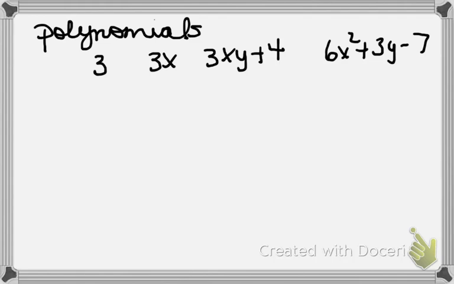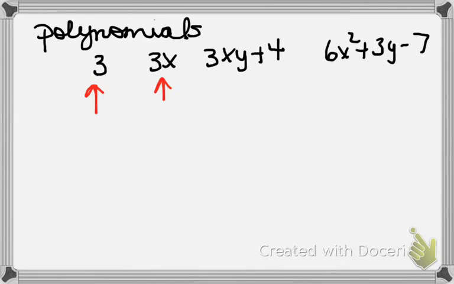All right, so in this case here, we're going to talk about polynomials. A polynomial is a set of monomials, or a sum or difference of monomials. All right, so this is a polynomial. It's a monomial.